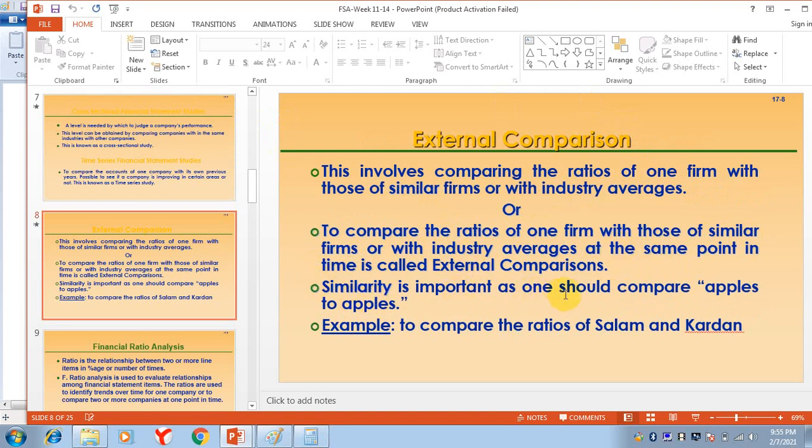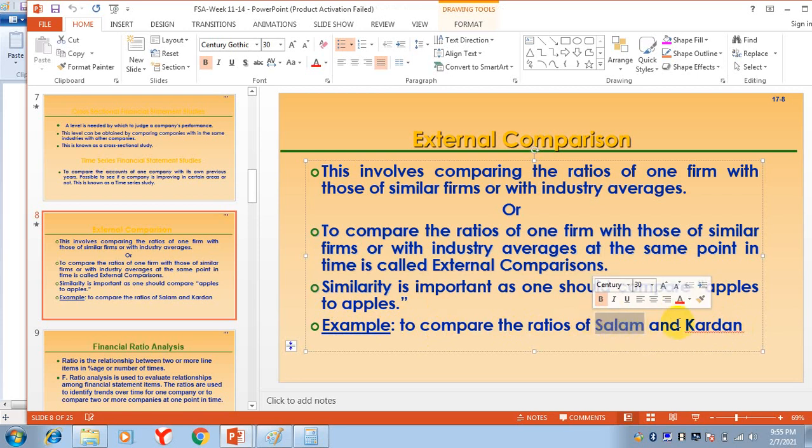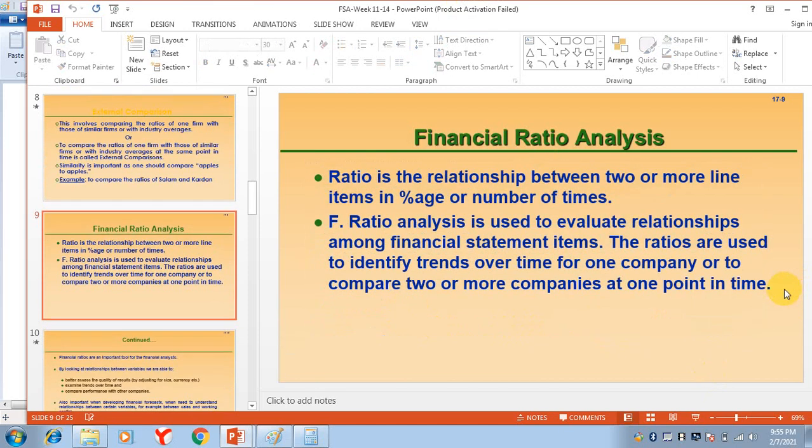Similarly, it is important that one should compare apples to apples, to compare the ratios of Salam and Kardan. Here's an example. A university will be compared with a university. A university cannot be compared with a cement company.